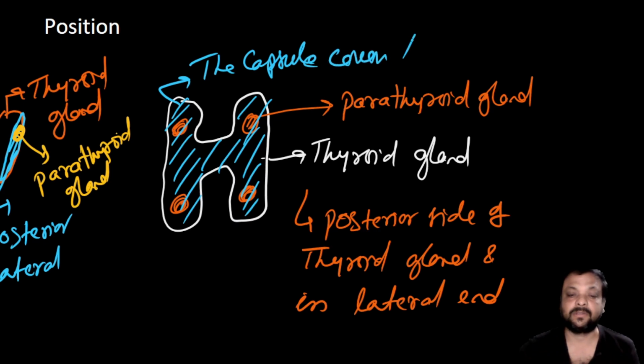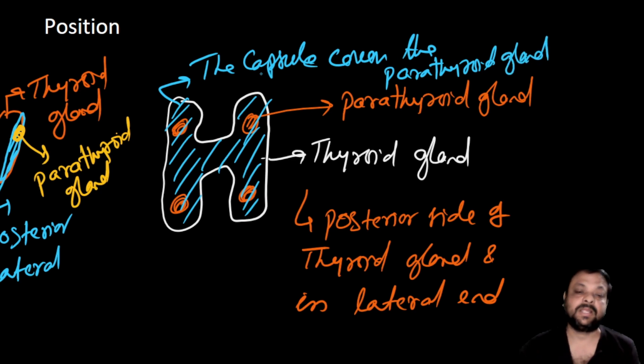The capsule of the thyroid gland covers the parathyroid glands, and the parathyroid glands are present in the lateral end and the posterior part, back.